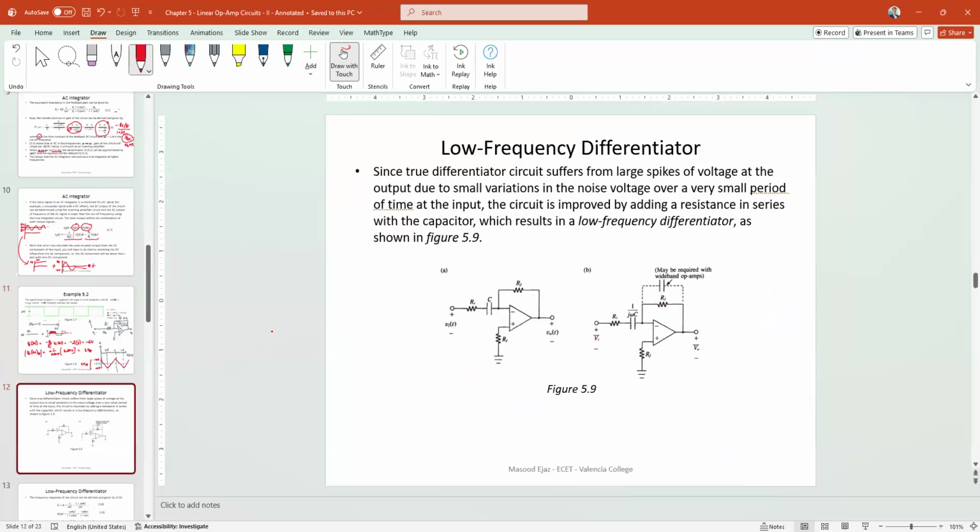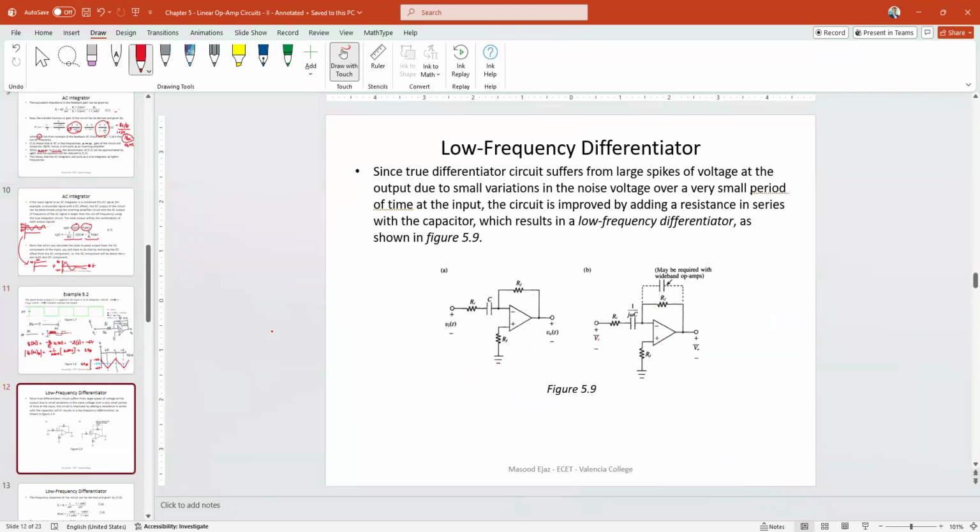All right, the next topic is the low frequency differentiator. Now, once again, remember the true differentiator, the issue was that if any small noise arrives at the input for a very brief amount of time, then since it's a differentiator, it takes a rate of change, even though the noise may be very small, but the duration for which it is going to last may even be smaller.